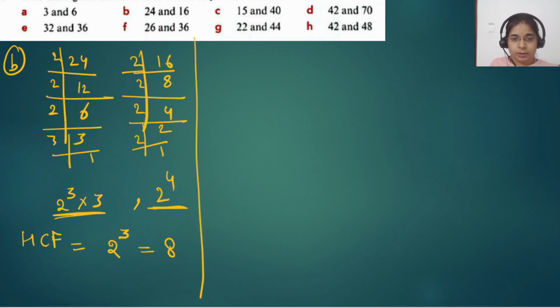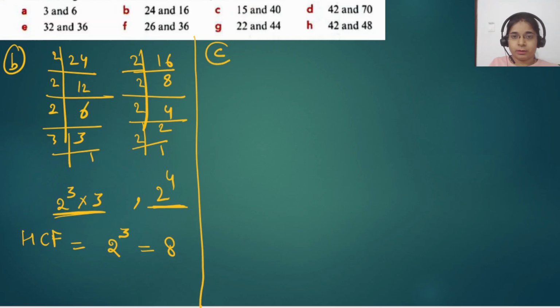Okay, let's try another question with another method. Let's try 15 and 40 and common division method. Is there any prime number that divides both of the numbers? 2 doesn't divide both of them. 3 doesn't divide. Yes, we have 5 which divides both of the numbers.